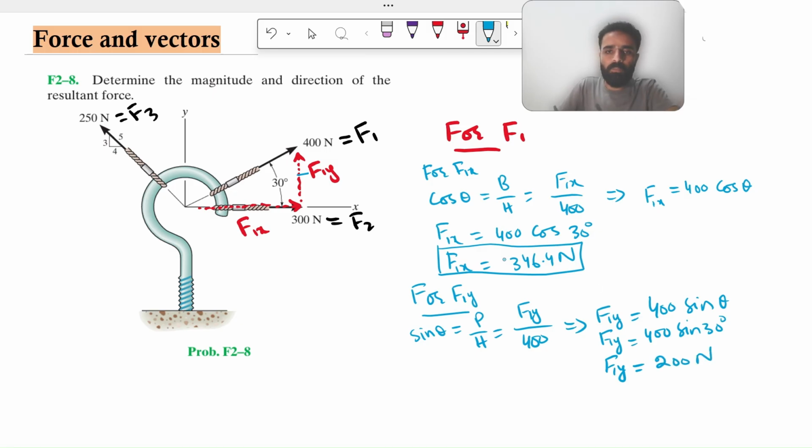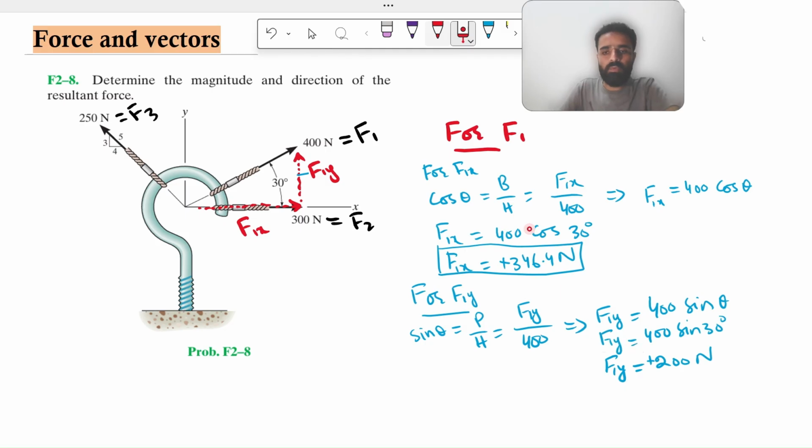Both F1x and F1y will be positive. Why? Because whenever the forces act to the right from the origin along the x-axis, we take those horizontal forces as positive, and for y, all the forces acting upward from the origin are taken as positive.